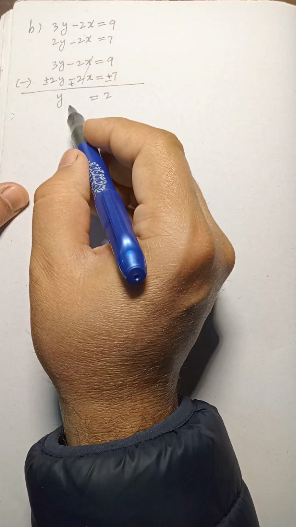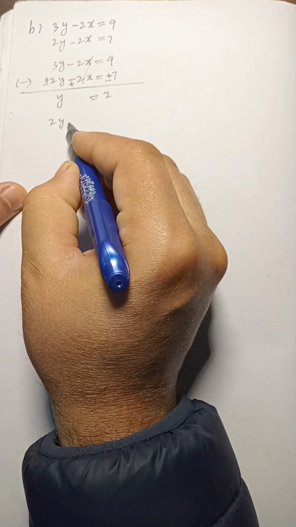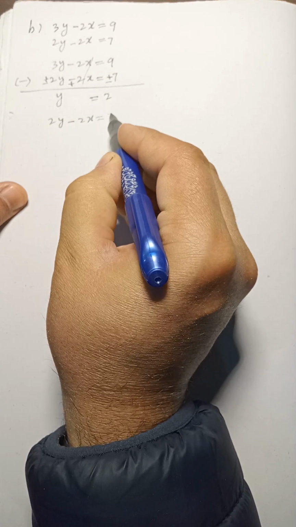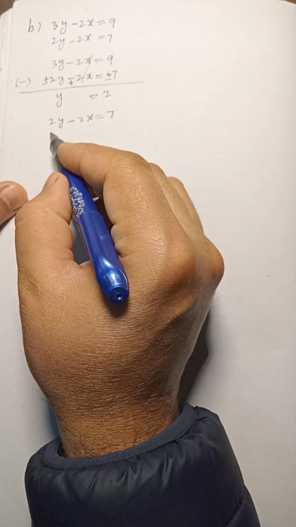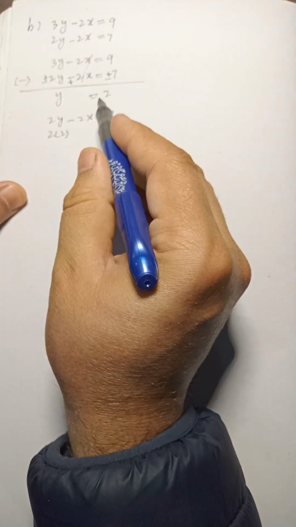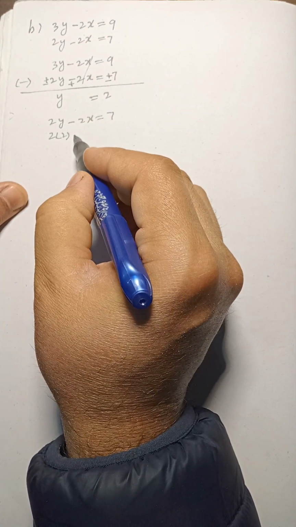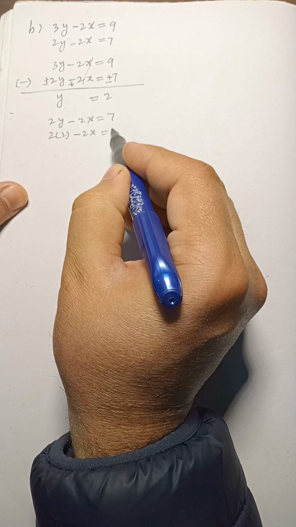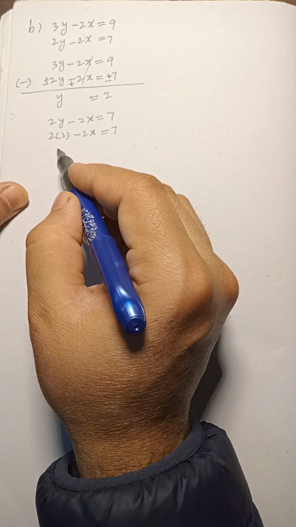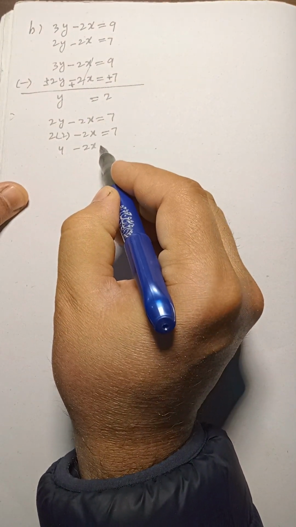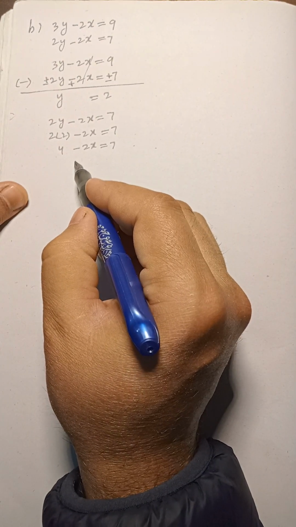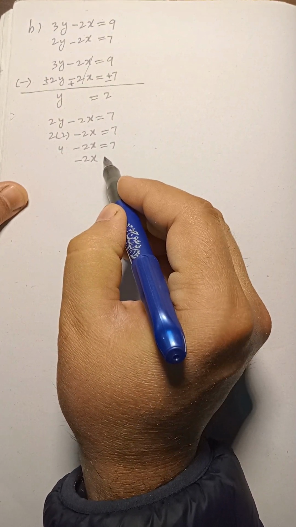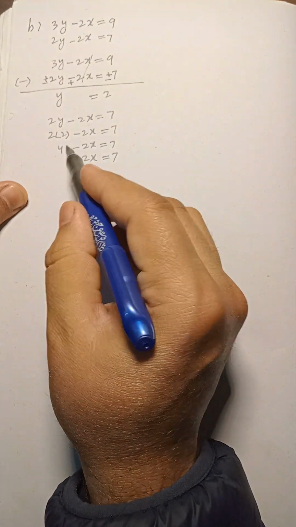Now carry this term, 2y minus 2x is equal to 7. Now put the value of y, that is 2, here, and minus 2x is equal to 7. Now 2 2s are 4, 4 minus 2x is equal to 7.